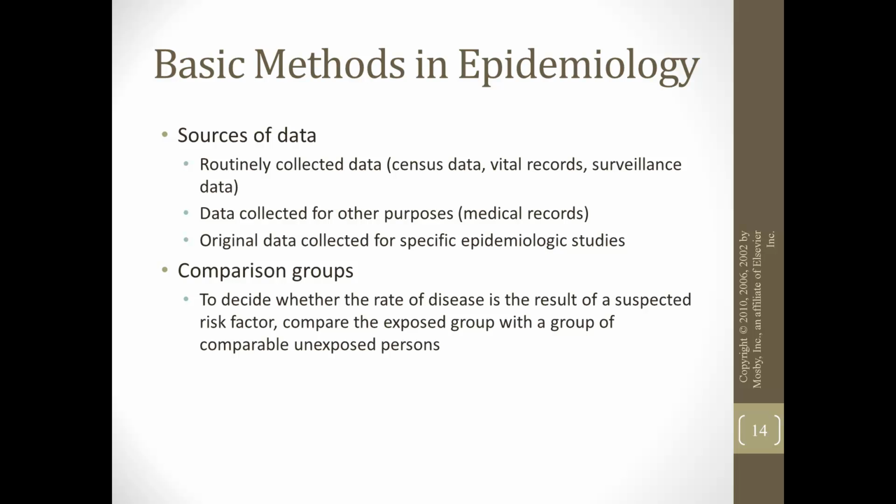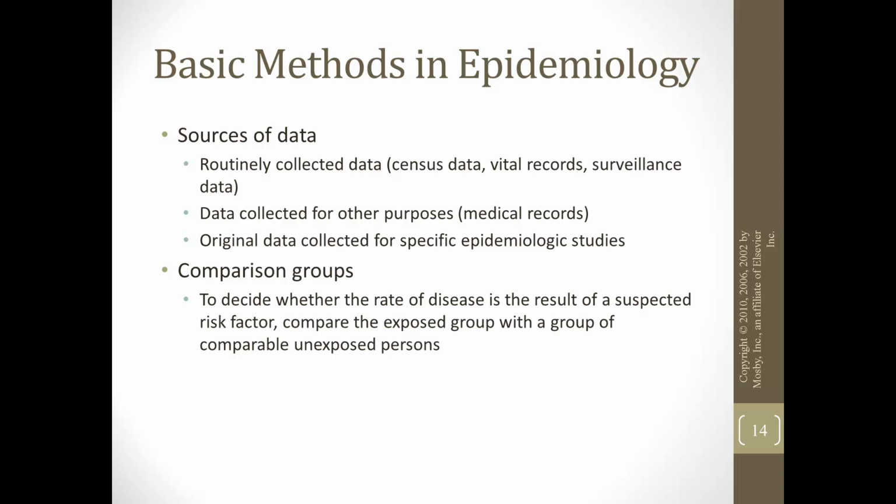And then you can also look specifically at epidemiological studies, the research that's been done. Here people talk about comparison groups, deciding whether the rate of disease is a result of a suspected risk factor. Compare exposed groups to those who weren't exposed. So you might ask, is this lung disease related to an environmental stimulus? A lot of people who live in the desert on those dusty days have a lot of problems.